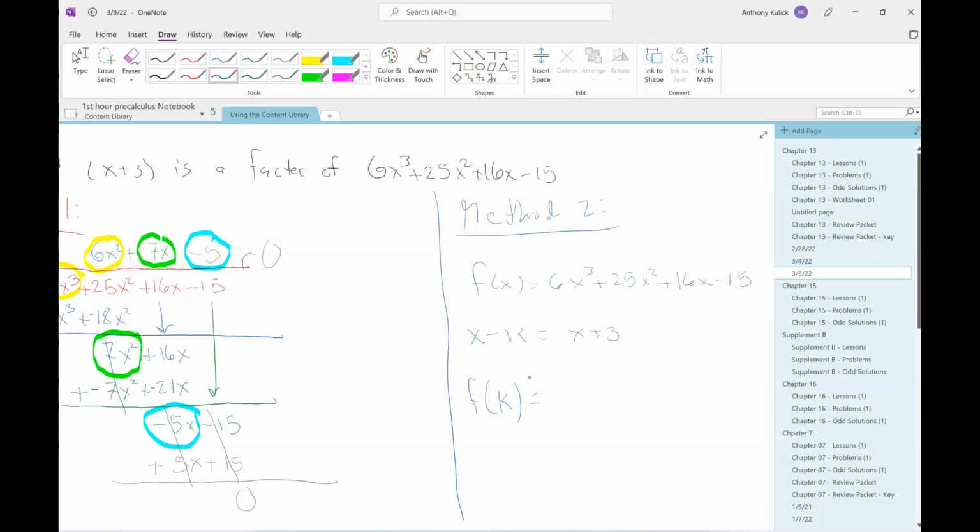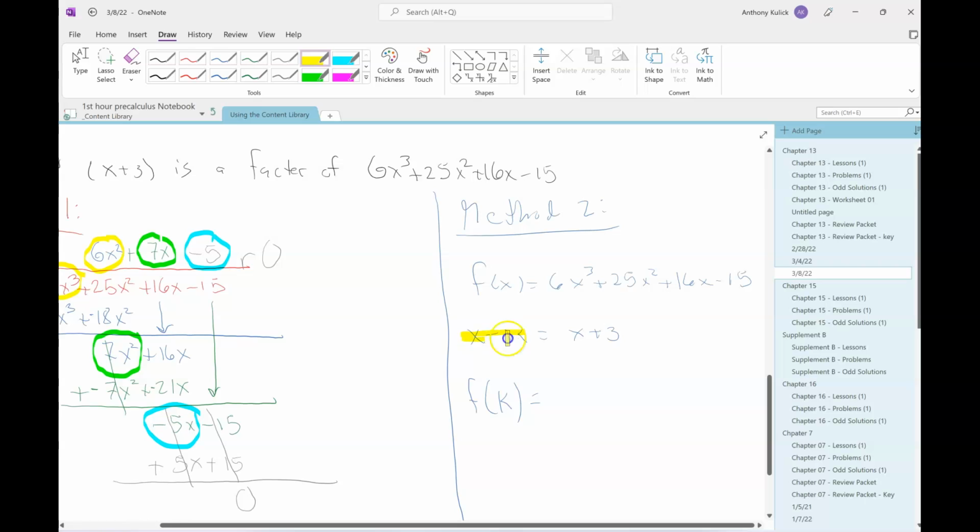In this case, what does k have to be? I know x minus k is x plus 3, so k has to be negative 3. Is everybody okay with that?